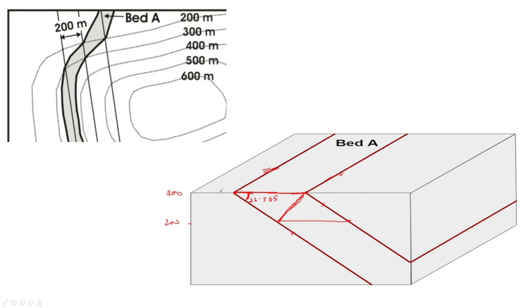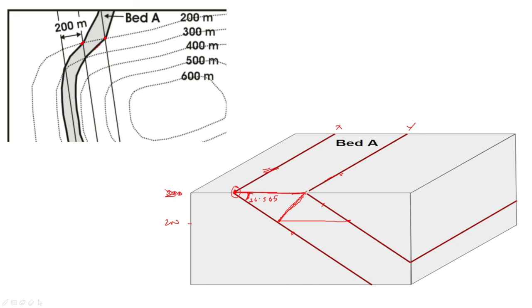So from this map, how will we calculate this? I'll name the bedding planes x and y. The x bedding plane is intersecting the 200-meter contour at this point, and this y bedding plane is cutting the 200-meter contour at this point. They both are cutting it at 200 meters only, so we consider this as 200 meters.